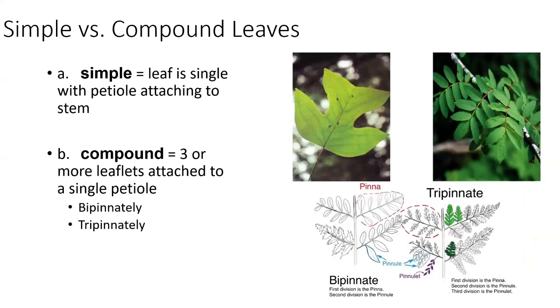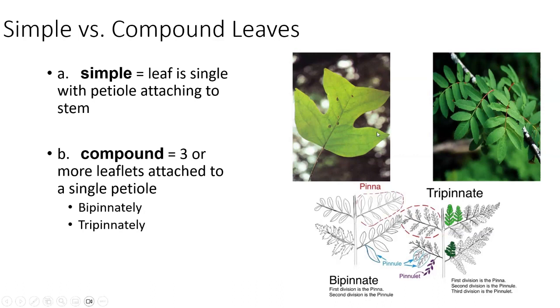Leaves can be either simple or compound. And this can be a bit of a tricky concept for folks, I will just be quite honest. When we have a simple leaf, this means that you have a single leaf blade, a single leaf with a single petiole, one petiole.